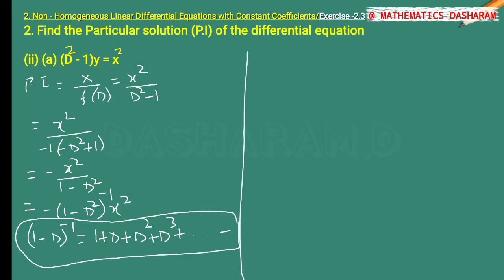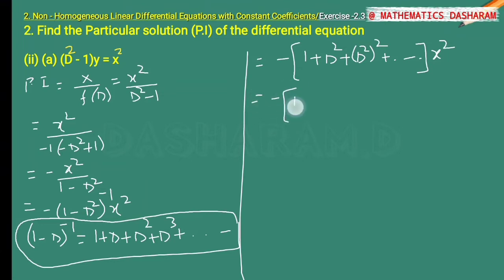So here at the place of D we have D square. Continue the answer: minus bracket of 1 plus D square plus (D square) whole square plus dash into x square. Here ignore the highest derivatives. Why? Because the derivative of x square is 2x, D square of x square is 2, D cube of x square is 0.